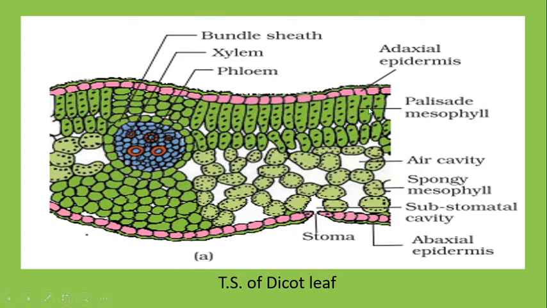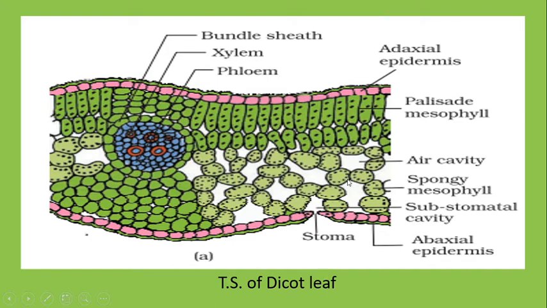Then below the palisade mesophyll, the next part is the spongy mesophyll. Spongy mesophyll cells are almost round or spherical or slightly irregular in shape, and they are loosely arranged with large air cavities. In the palisade we do not see such cavities, but in the spongy tissue below we do see large cavities.